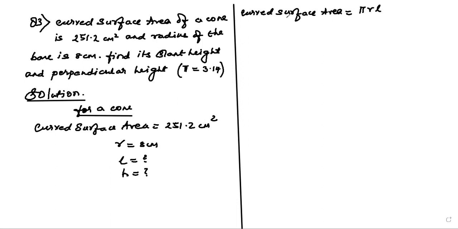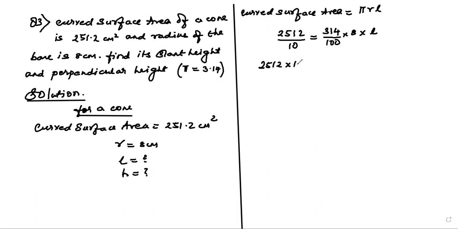Now whichever values you're going to put: 251.2, you're shifting the decimal by one place, so upon 10, equal to pi is 3.14, shifting the decimal by two places, so over 100, into radius 8 into l. Only l is unknown. So whatever is unknown, l, whatever is with l on top goes to the bottom, and the bottom goes up.